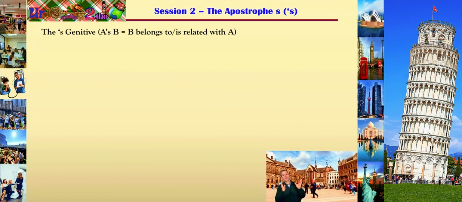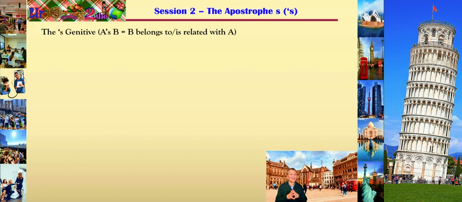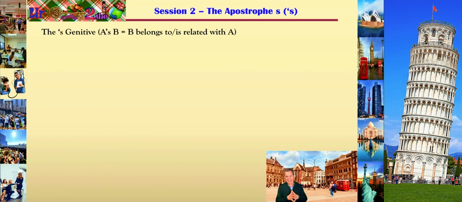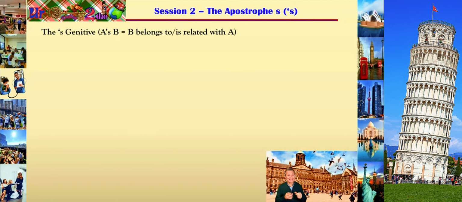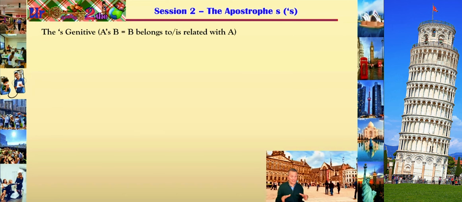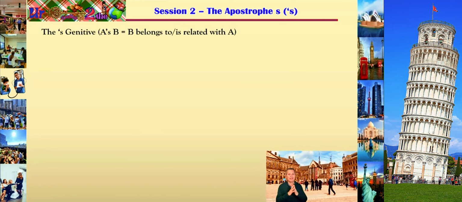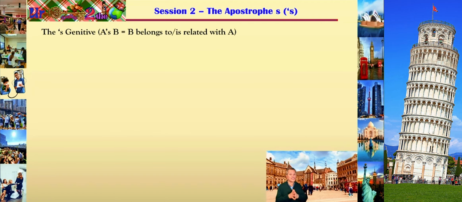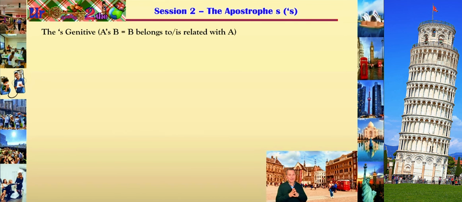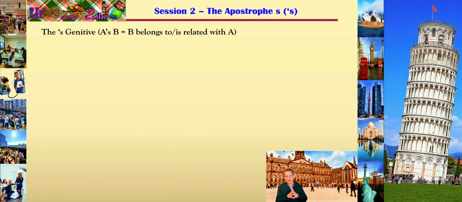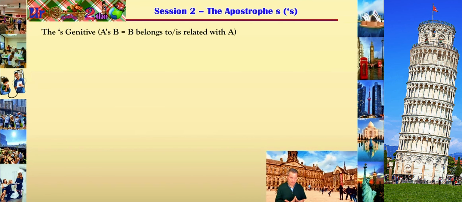And we continue with the apostrophe s, the s genitive. As you can see in brackets, A's B, that is the structure, is the same as saying that B belongs to or is related with A. What is B? B is normally the object.